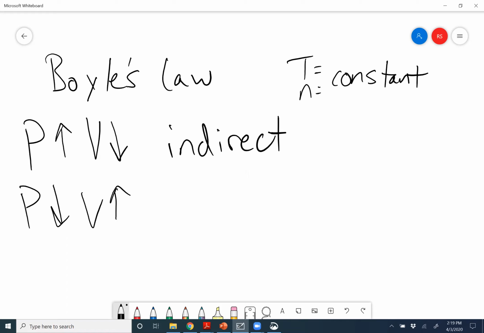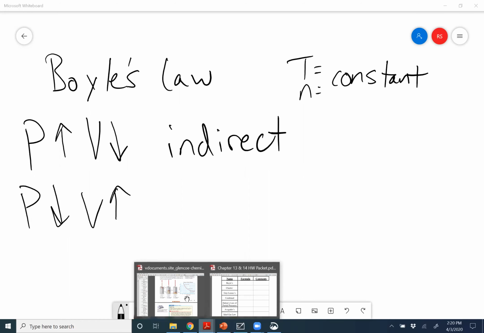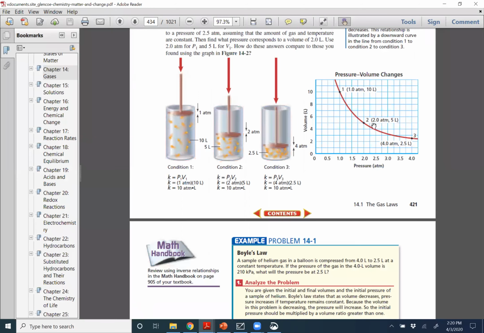So how do we represent an indirect relationship when it comes to an equation, an equality? If we think about it, say for instance we have the data from the book here. We have 1 and 10, 2 and 5, and 4 and 2.5.